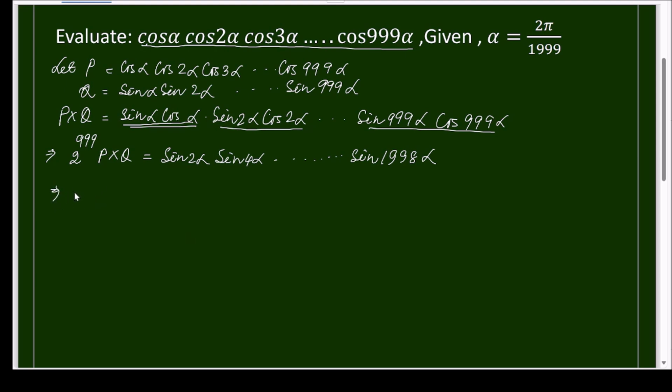So if we analyze each term, 2 to the power 999 P times Q, here I am writing one more line, but I have to analyze this. Oh, I made a mistake.